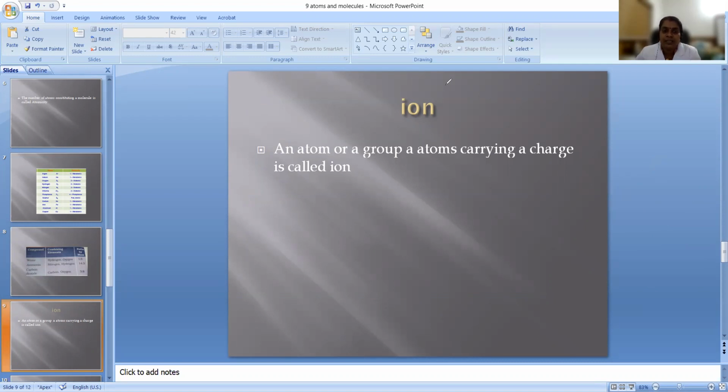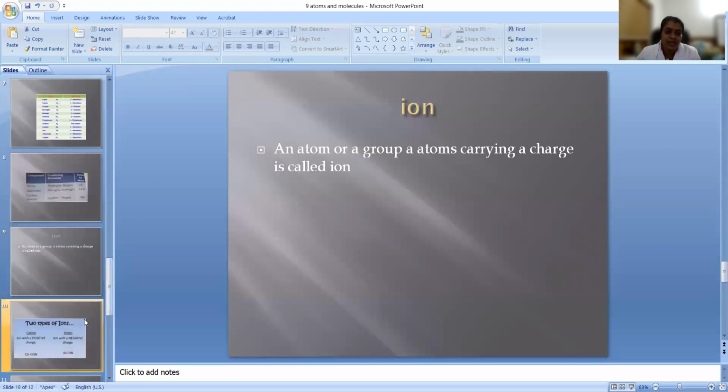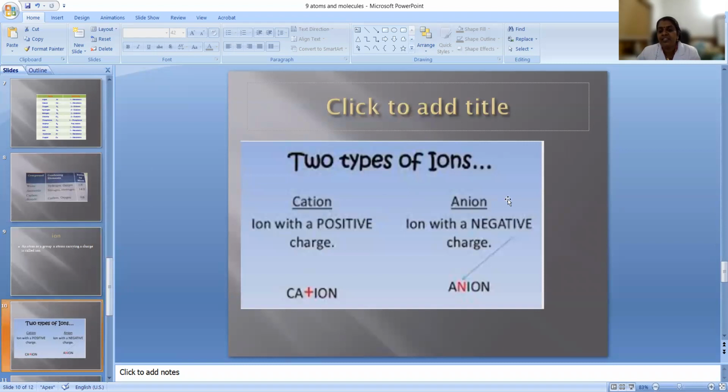Now, next. This ion we can again divide into two categories, cation and anion. What is the difference between a cation and anion? Cation means an ion carrying a positive charge. An ion carrying a negative charge is called an anion. All the metals are usually cations and non-metals are usually anions.